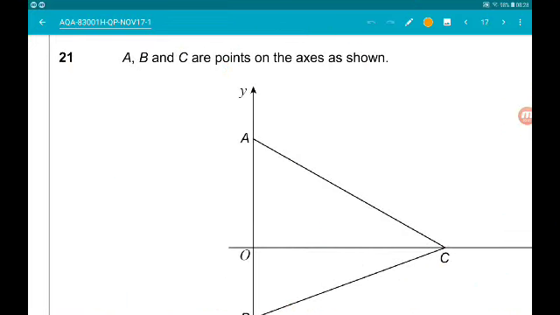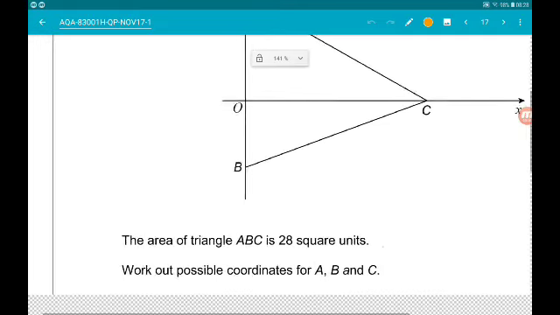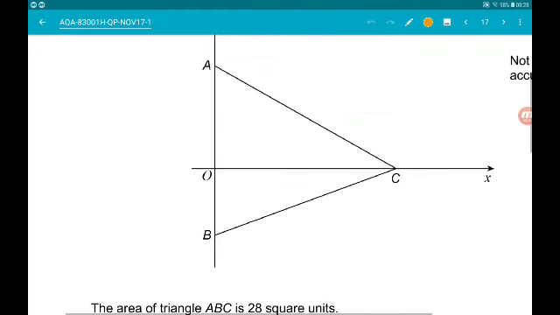Okay, 21. A, B and C are points on the axes as shown. So they make a triangle. The area of triangle ABC is 28 square units. We want to work out possible coordinates for A, B and C. Okay, so it's only 2 marks.